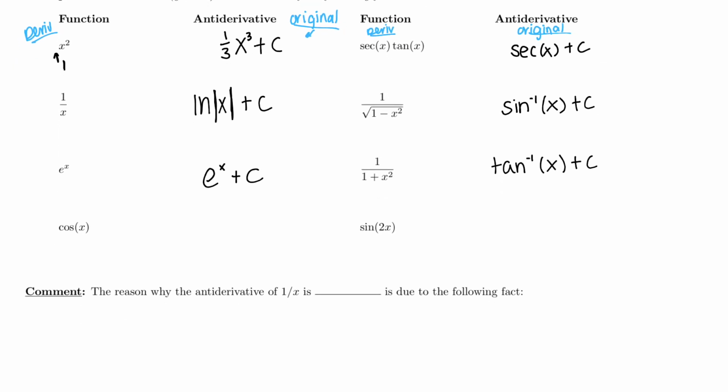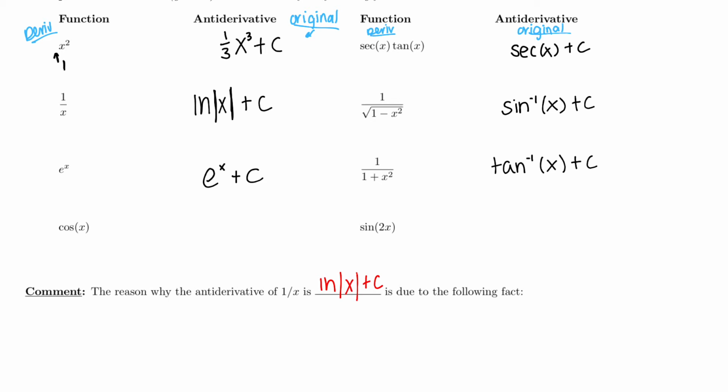And I'm going to make some notes down here about why that's the case, because there's no reason for you to think that without having a little bit more explanation. So the reason we use the absolute value here is because of this.